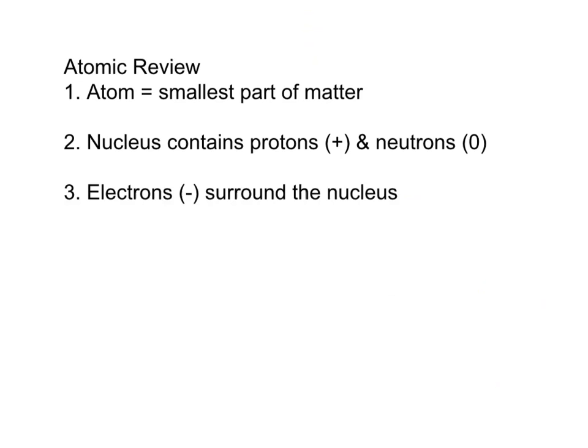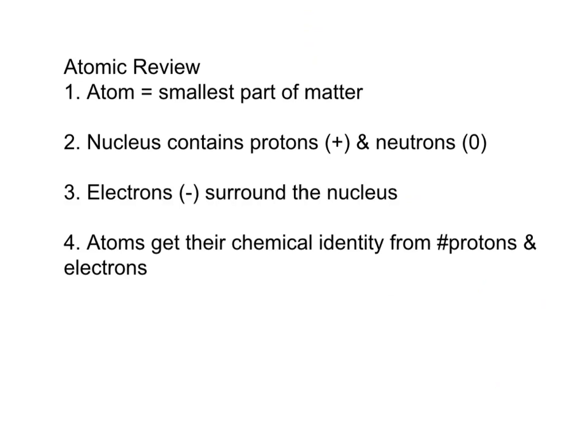The negatively charged electrons are found in valence or shells around the nucleus. Atoms get their chemical identity, so what they are and how they act as far as bonding and other things, from the number of protons and their number of electrons. That concludes the notes for Section 2.